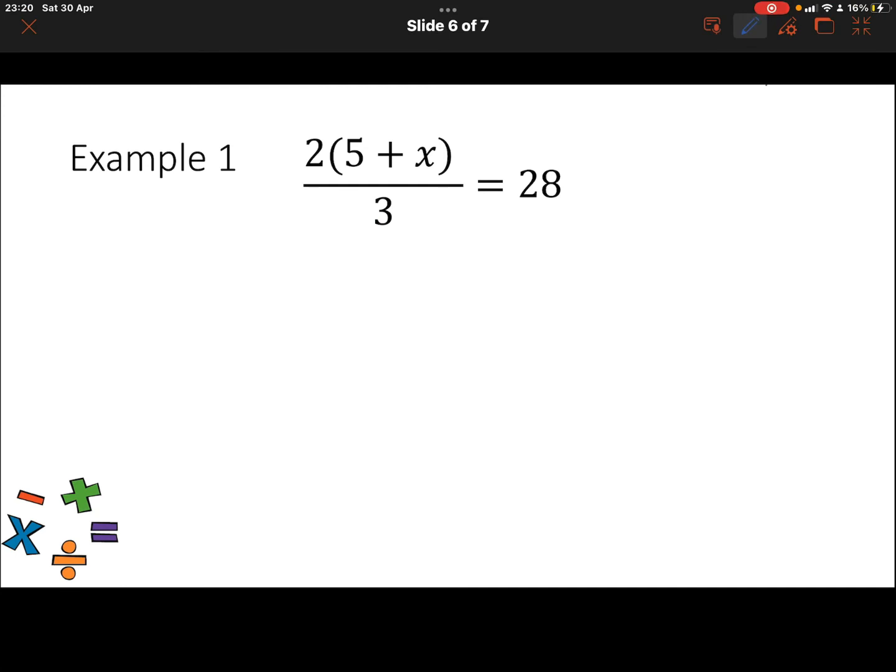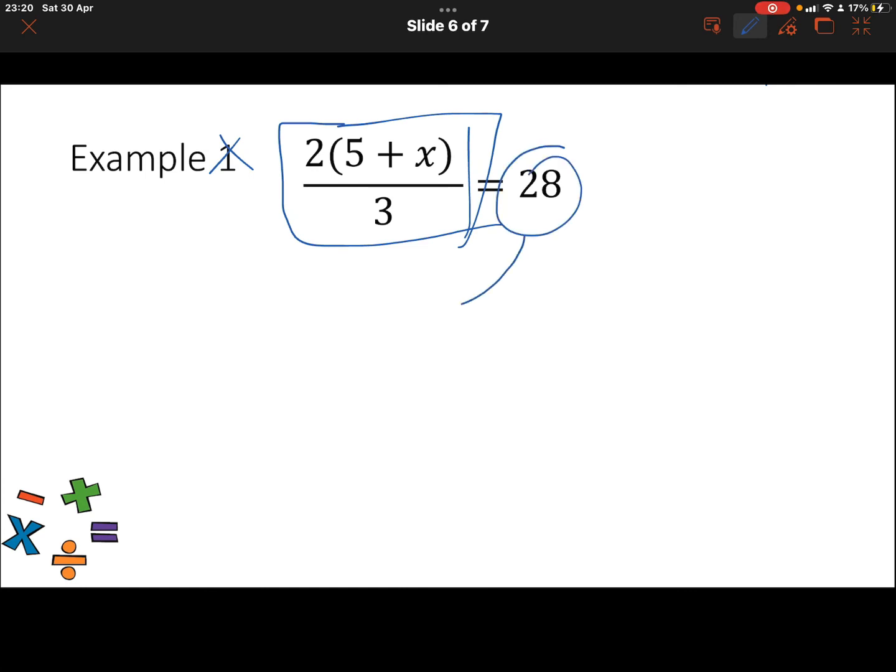Now this one. This one looks like, oh my giddy god, what is he doing there? Is he really going to make me answer that question? I'm afraid. But it's so easy. So I'm going to tell you again how we're going to do this. Now, we don't have anything other than our fraction right here. So we have 28. So what are we going to do? We're going to times them together.